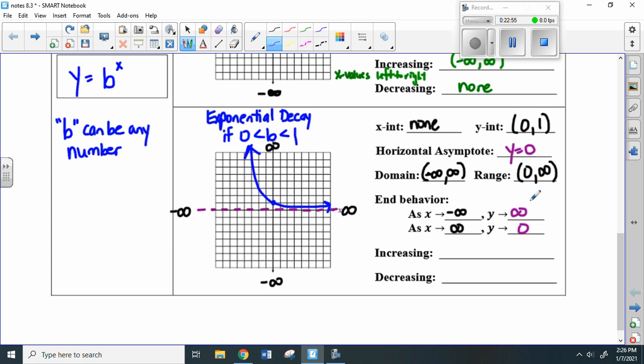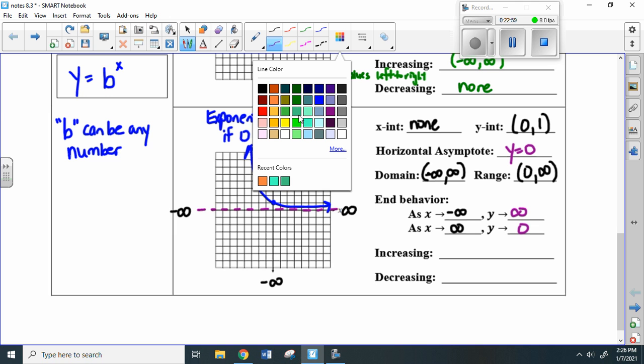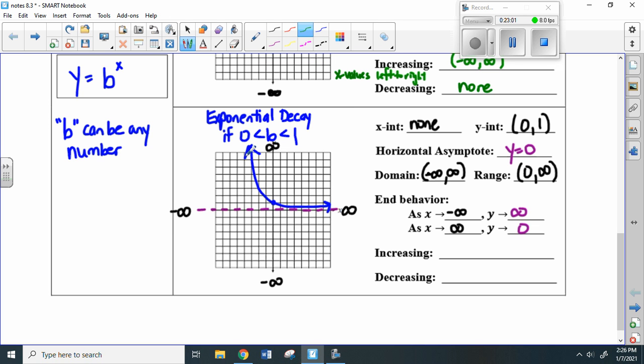Okay, so there's some connections there. And if I were to trace it from left to right, hopefully you see that that one is decreasing all the time. But remember, you're doing left to right, and so it's not increasing.